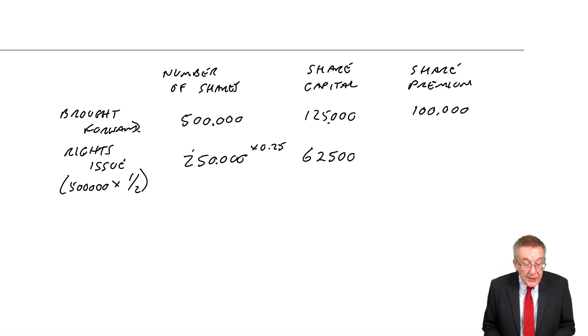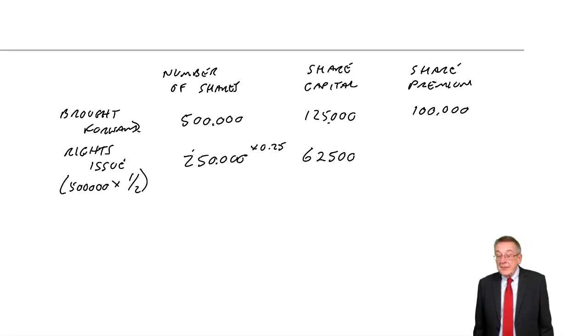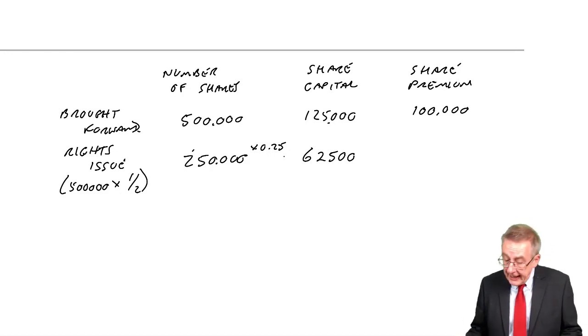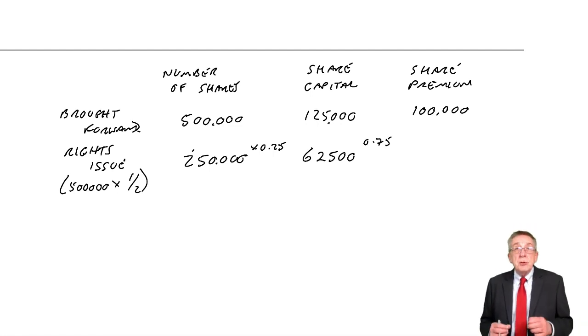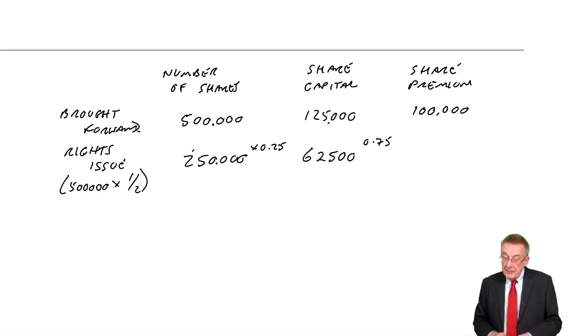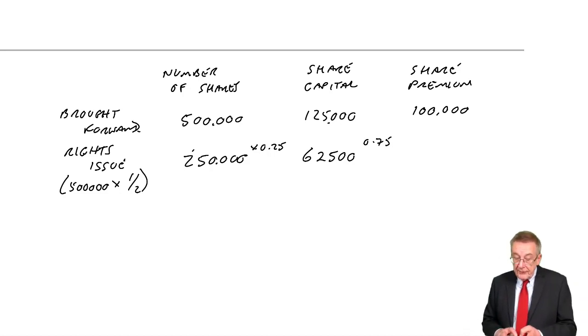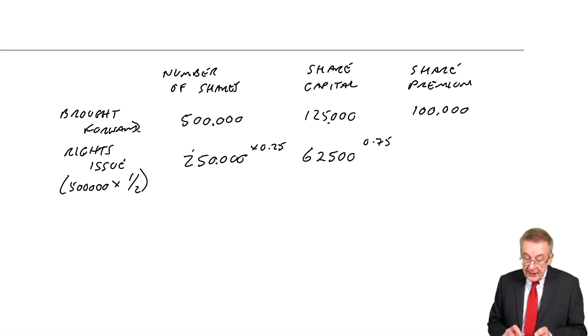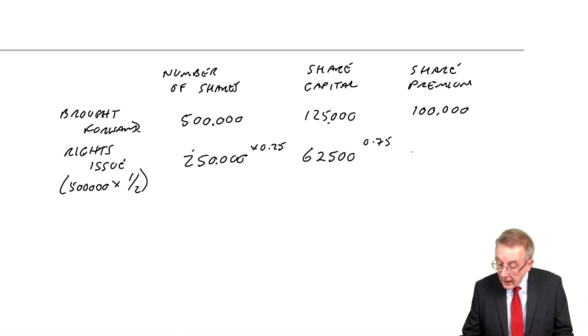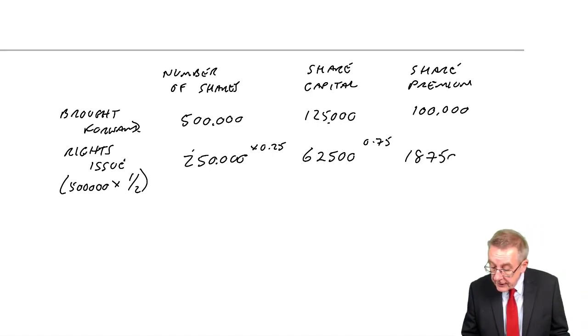However, how much did they pay? They paid $1 per share. And so they paid extra. 25 cents was the nominal value. If they pay $1, the extra is 75 cents. That's the premium. And the premium is credited to share premium. So 250,000 shares at a premium of 75 cents each, 187,500.